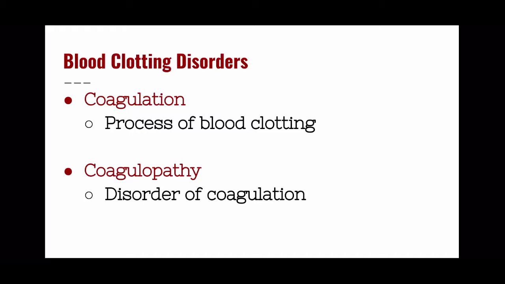The suffix pathy on coagulopathy means disease or disorder, so coagulopathy is a disorder of coagulation, or in other words, it's a disorder of blood clotting. So all of the following disorders that we're going to talk about are going to be classified as coagulopathies.